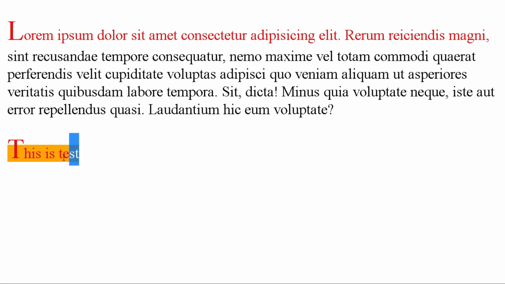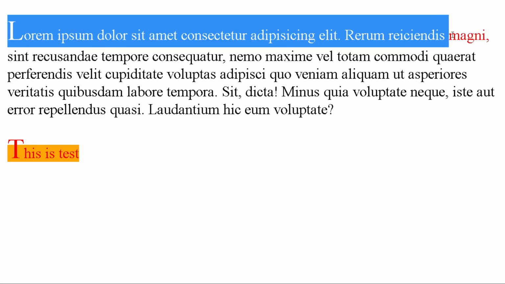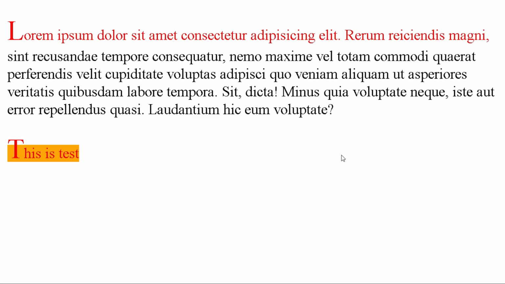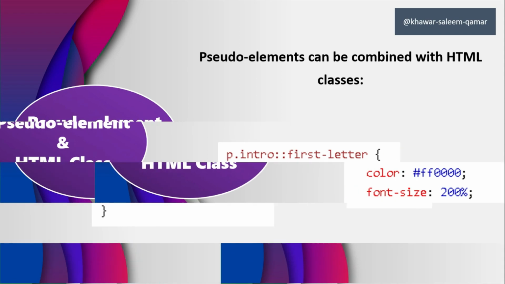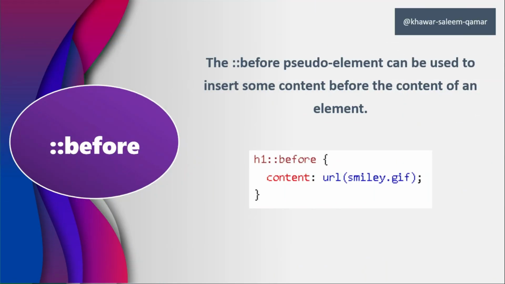So right here, this is the first line, and this background color is coming to this p tag due to its class, whereas this one is not having an orange background because it doesn't have that class. So this was the example of pseudo elements and an HTML class used together. The next pseudo element we have is the before pseudo element.